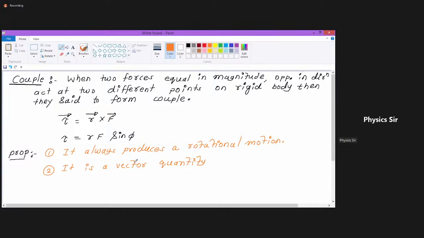Number three, you can shift a couple from one point to another.